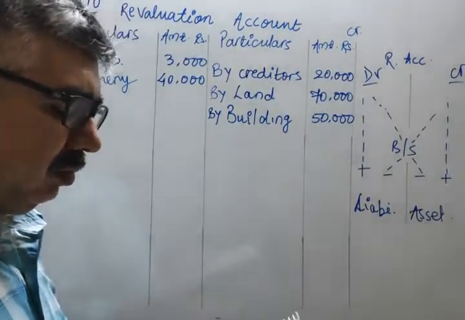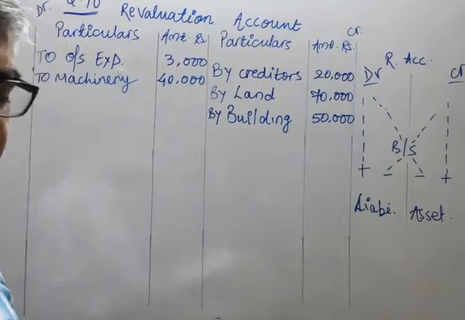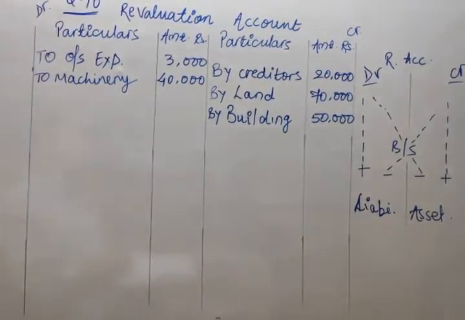So machinery, is that clear? Because I said up to 80,000, so 1,20,000 minus 80,000, the difference is 40,000. Then the investment value is 40,000. They said the value of investment is to be reduced by 30%. 30% reduced.